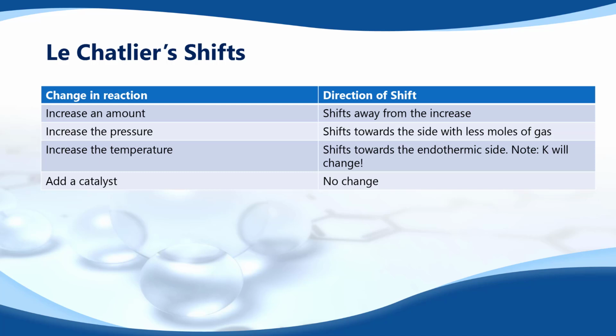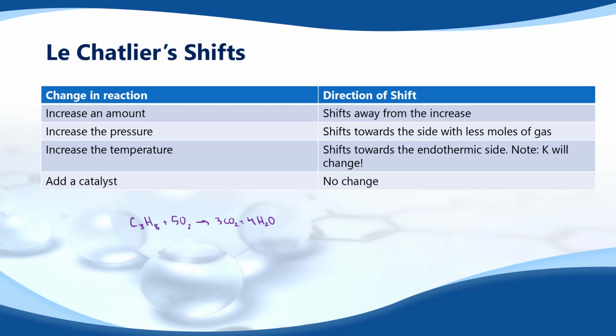Also, if you increase the temperature, the way to think of temperature is to think of temperature as a reactant or a product. Right? So for example, let's do a combustion. We'll just say combustion of propane because it's an easy reaction to remember. Right, so 3CO2 plus 4H2O.